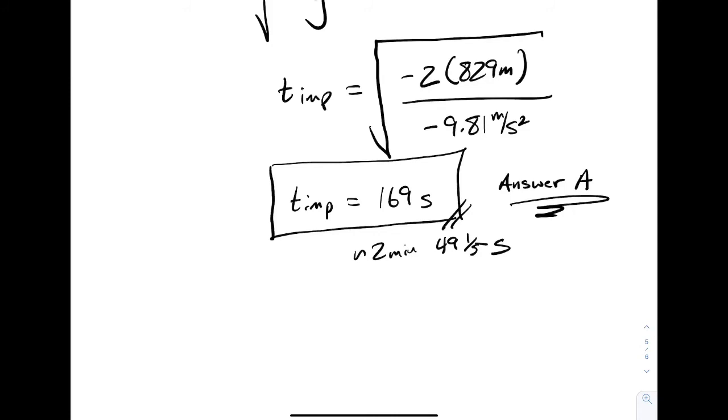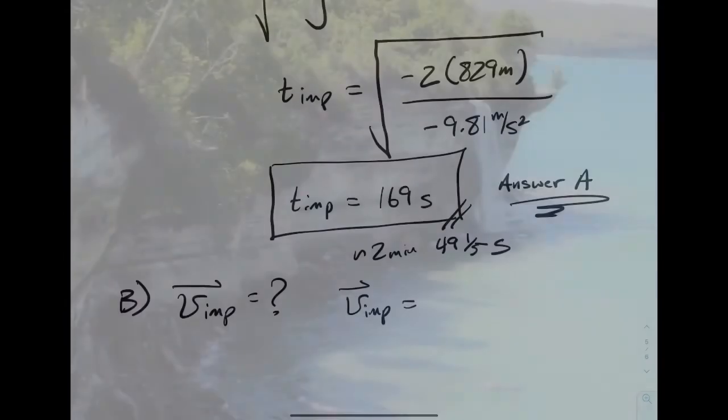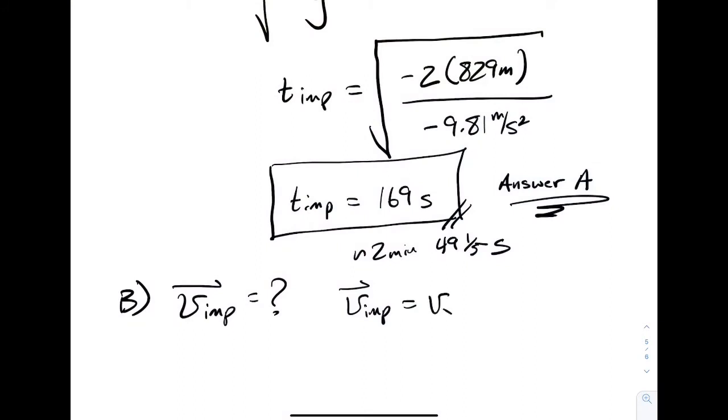Part B wants to know the impact velocity. Well, we can write this several ways, but I truly think the easiest way, anytime you're asked for a velocity, is to write it in the vector notation. So v impact is equal to vx in the x direction, and really, let's be more specific.